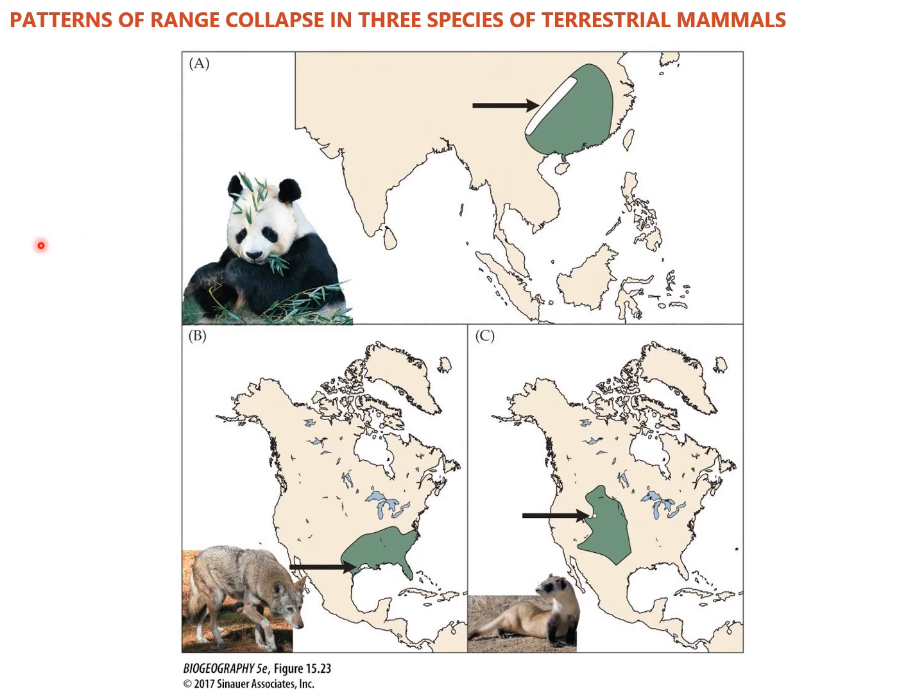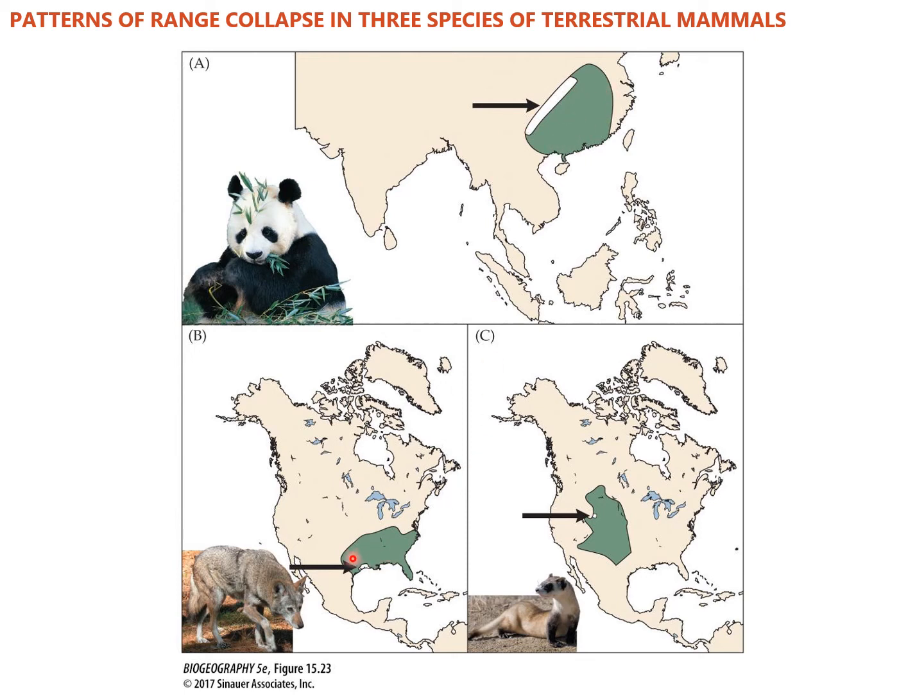There's also a phenomenon called range collapse that we see in lots of different species. So here are some patterns of range collapse. This is for notable species like the giant panda here, which has seen a large range collapse. The historical range you're seeing here in the green, and then the white is the current extent. So large range collapse there.